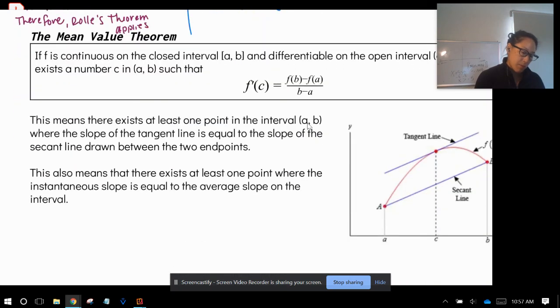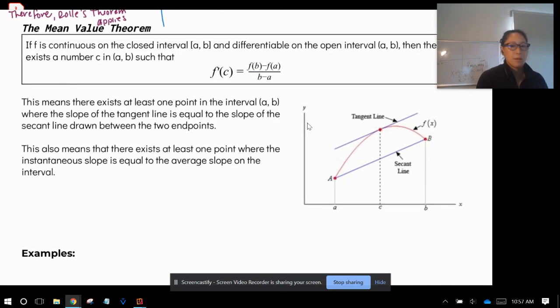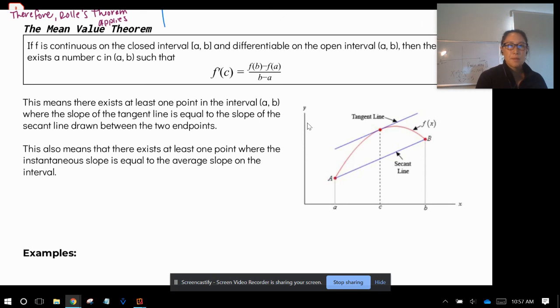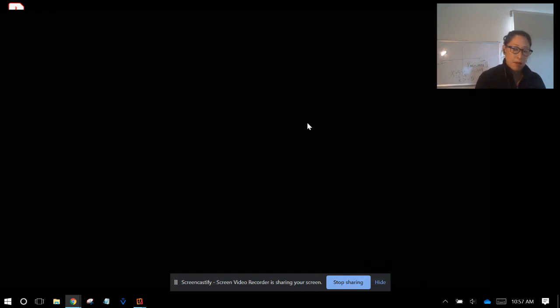All right, so Rolle's theorem is a special case, when the derivative is equal to 0, of this other theorem, mean value theorem.